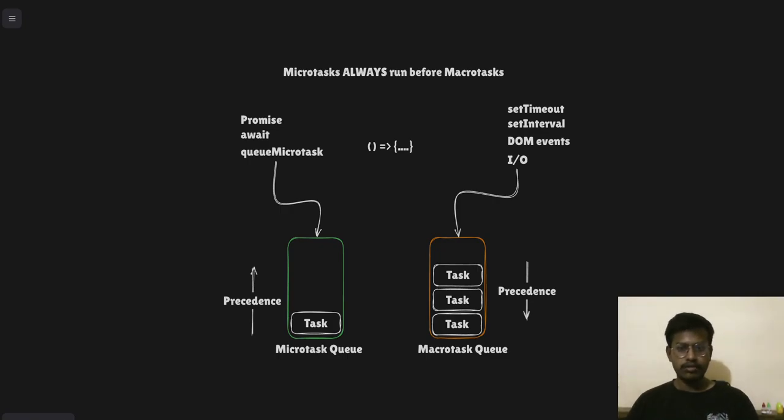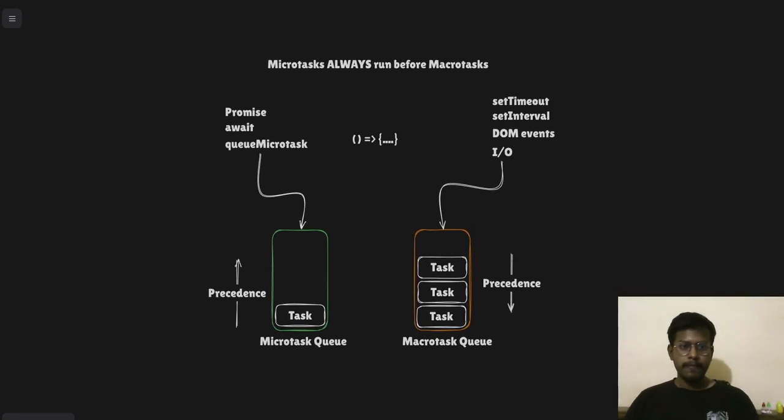So there are only these types of tasks in a JavaScript program. There are two queues in an event loop, and these two have a different precedence for running everything. I have made this visualization to understand that.